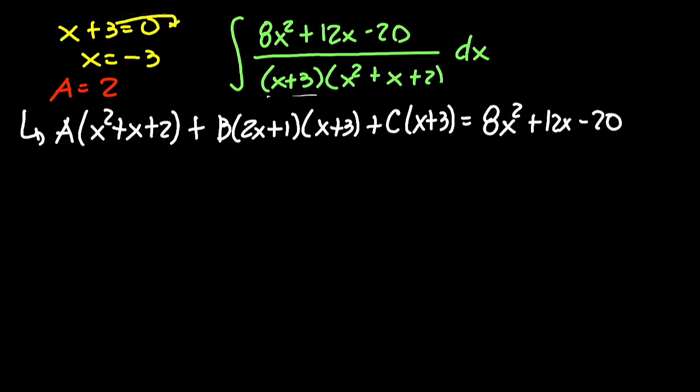What we're actually going to do here is to first multiply these two together. So let us just rewrite this. But first, we can now put a here as 2.